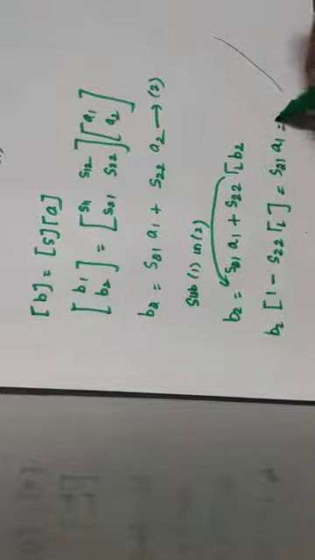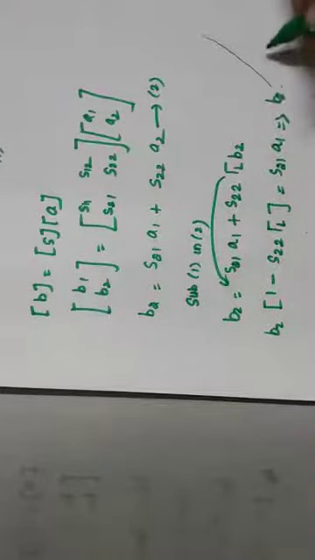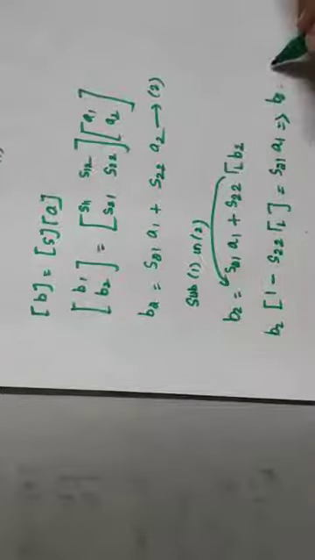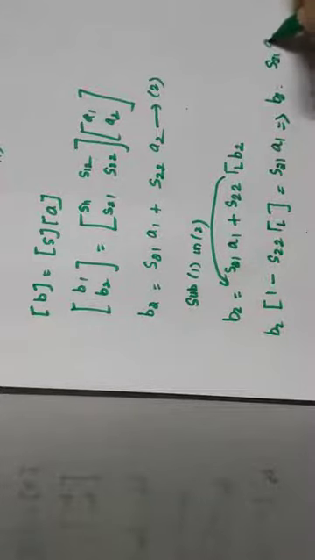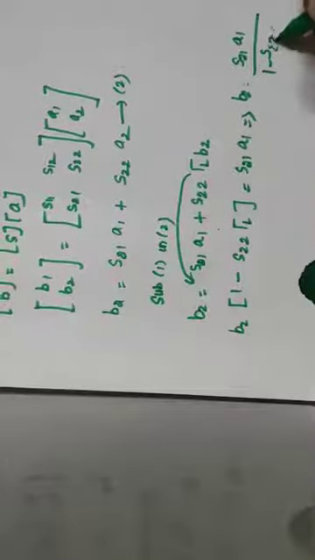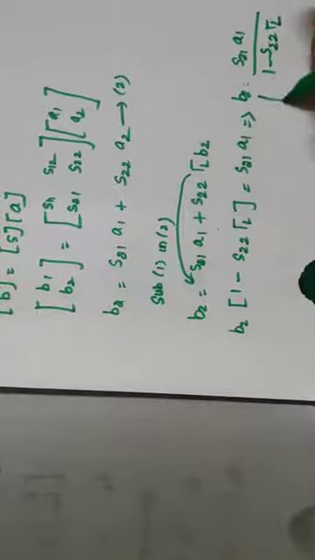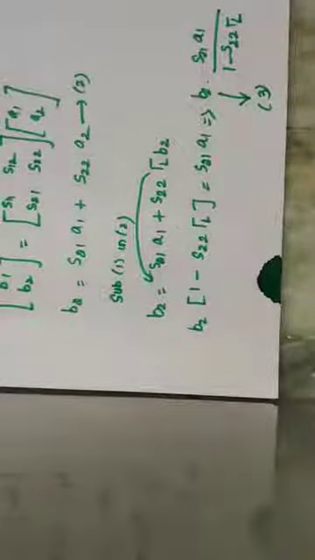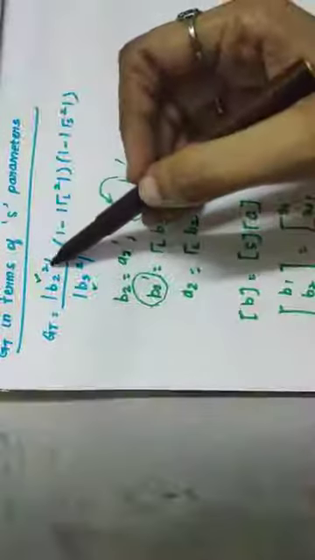So this implies we can write B2 to be S21 A1 divided by (1 minus S22 Γ_L). Let this be equation number 3. So now we have found what is B2.